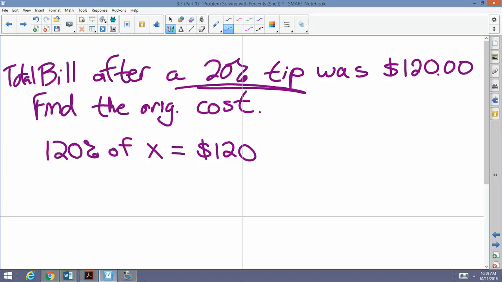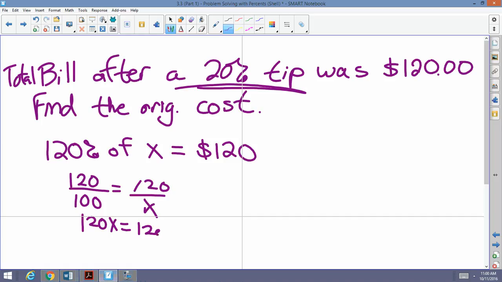Yeah, so X, I divide, actually, no, it's not going to be 100. This is 120 over 100 equals is over of. So this would be 120x. Wait, will it be 100? 1, 2. Yep, you're right. So x equals $100. Gentlemen, all of your homework is valid.